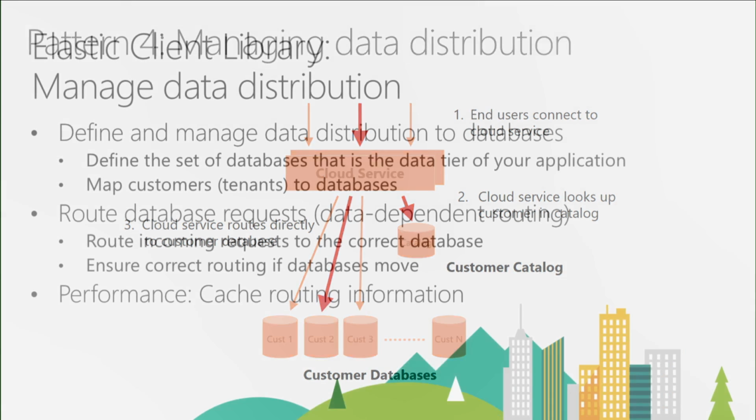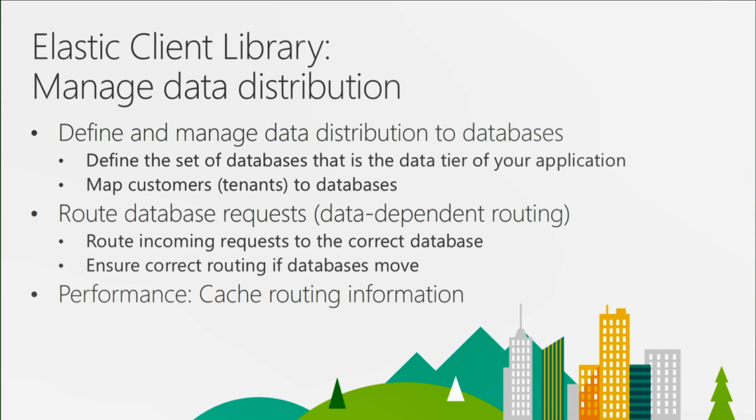What we've introduced and has been available for a while is the Elastic Client Library to aid in developing these applications, using the functionality of the library to manage that catalog mapping and the data-dependent routing, the redirection aspects for you.